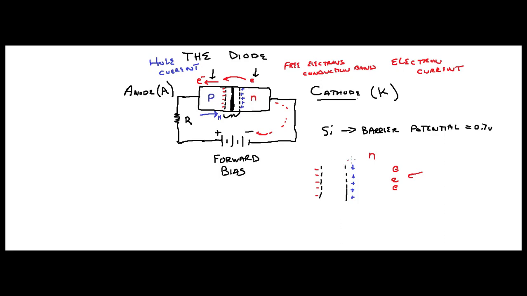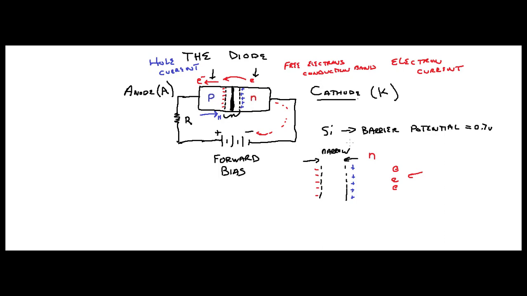All right? On the other side, you have a positive on your left side. So some of these electrons are going to be attracted to that, so you're going to lose electrons. So the net effect here is this depletion region is going to narrow.